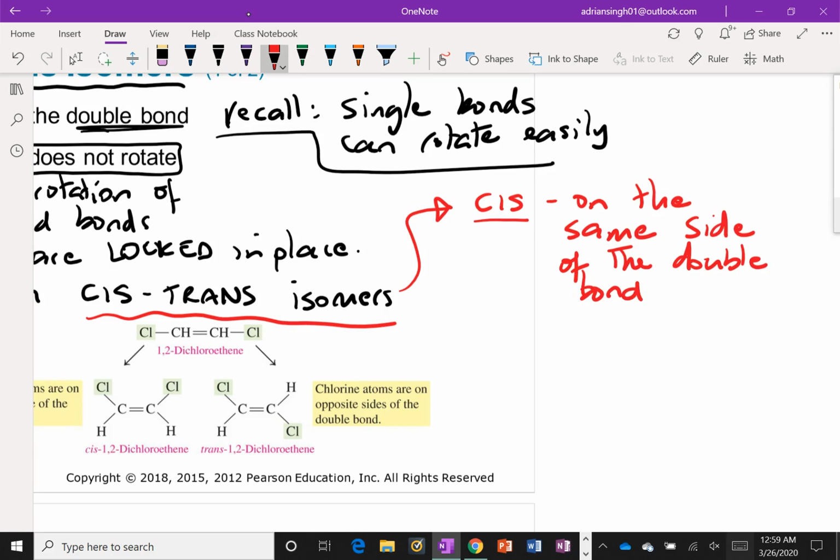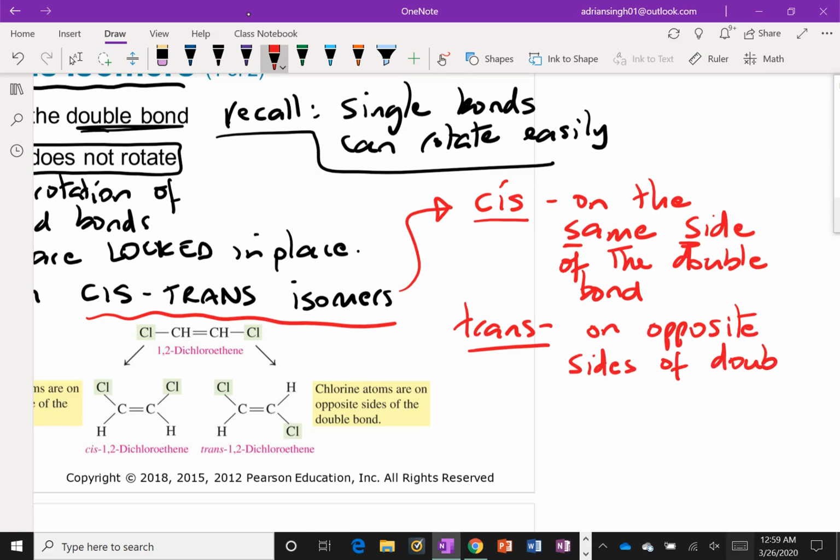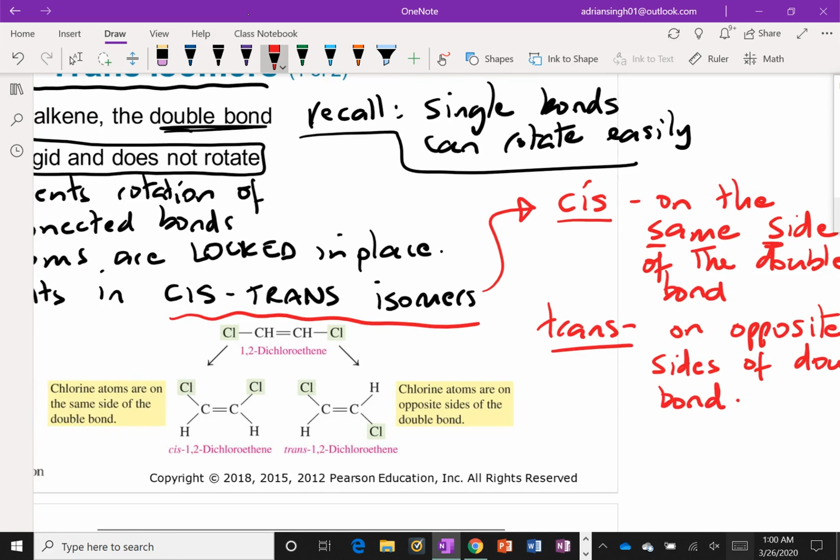So cis, on the same side, going with the S sound. Trans would be on opposite sides of the double bond.